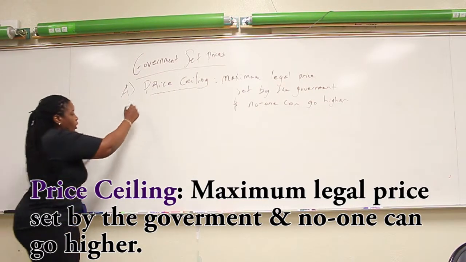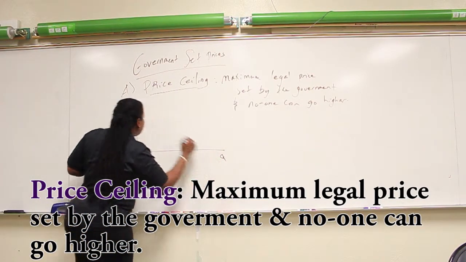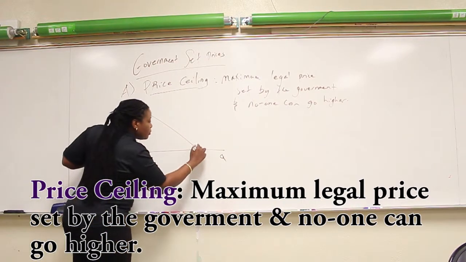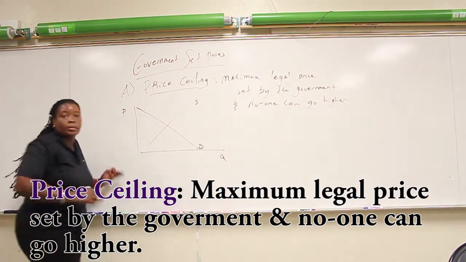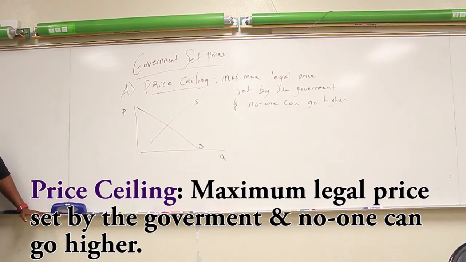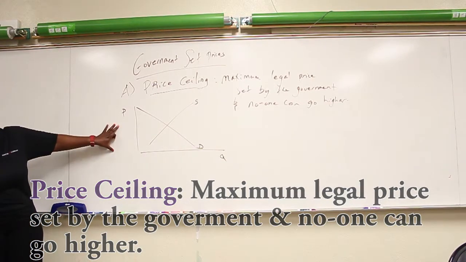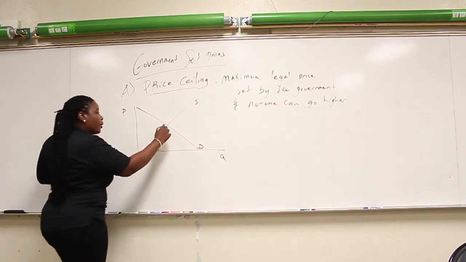Let me show you what's going on. There is our market. The maximum legal price set by the government, and no one can go higher. That's a general idea. What's happening with the price ceiling is, here's our market. This is our equilibrium.